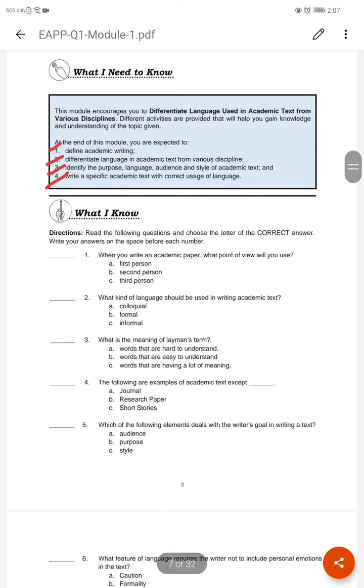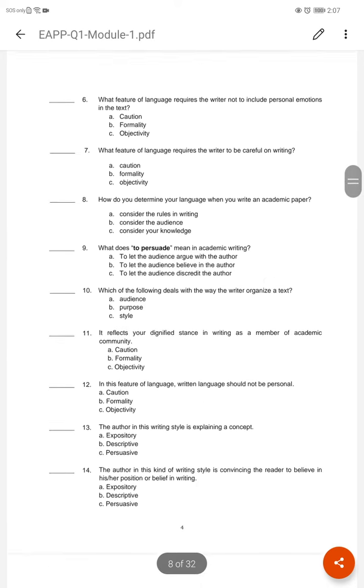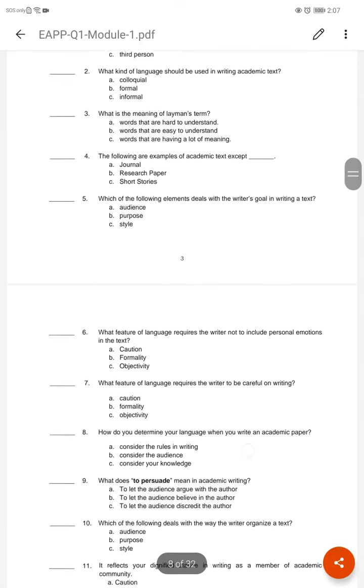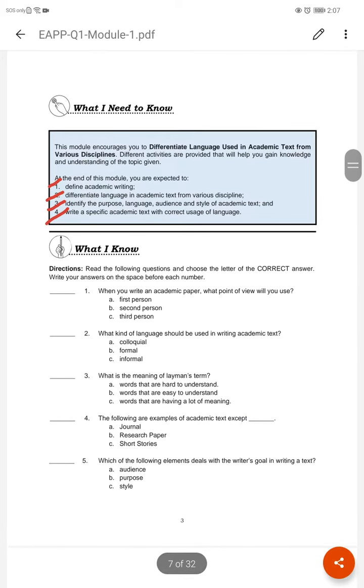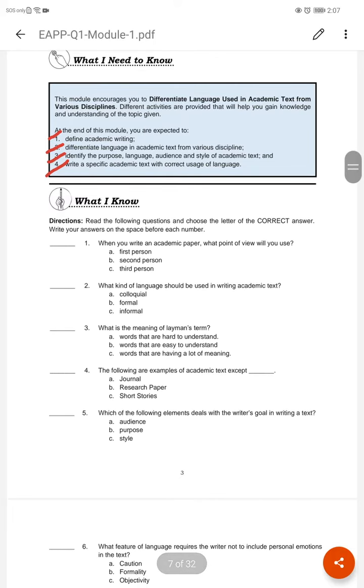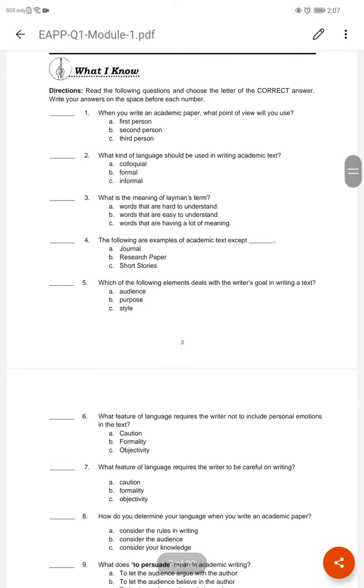First, let us answer this pre-test, What I Know. It is 15 items with multiple choice. Let's just read the directions first. Read the following questions and choose the letter of the correct answer. Write your answers on the space before each number. So please get a one-whole sheet of paper and answer these 15 items.